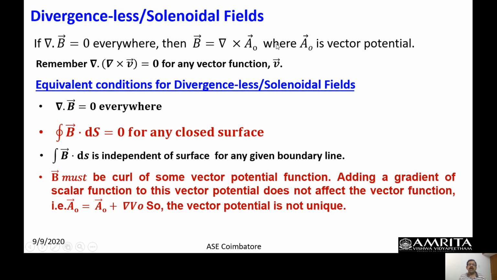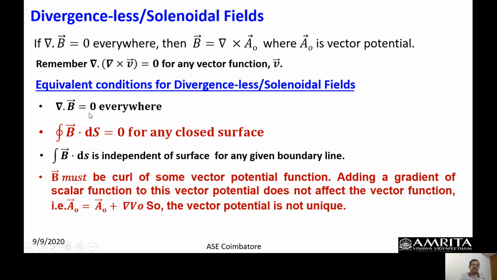If I add a gradient of a scalar function, say del V, I am not going to affect the divergence, because the divergence of a curl is always going to be 0. So it does not affect the divergence of the vector function.